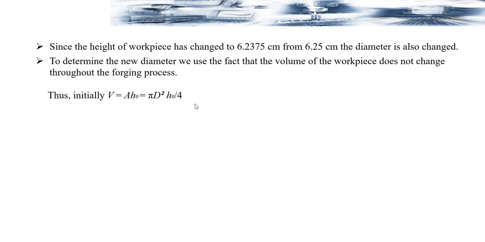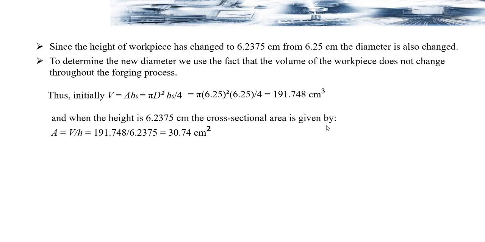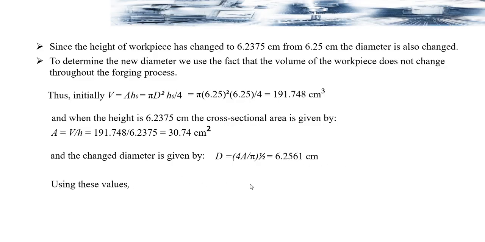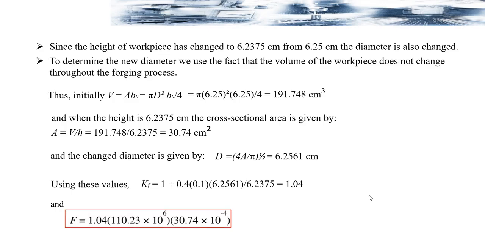So we calculate the original volume, and this should be equal to the final volume as well. Rearranging the equation, now we know the new height, we can find the new area. That's it. We apply it to the equation, find the new D, using this value find the Kf, and we again find the value for the force required to do the initial work.